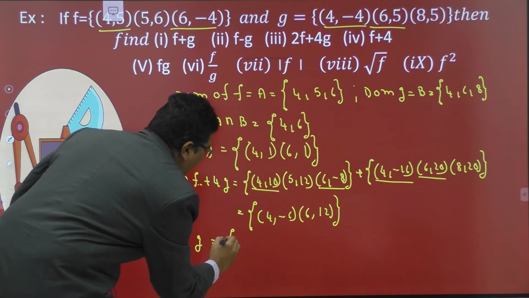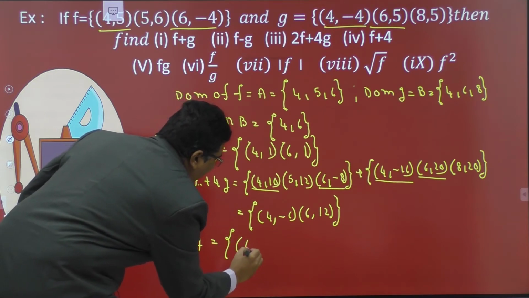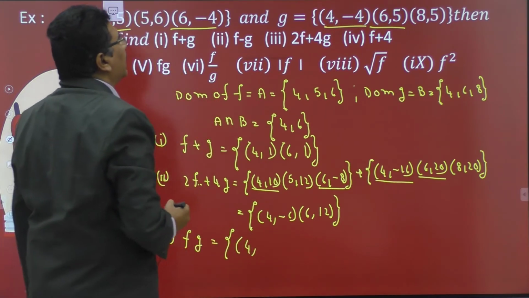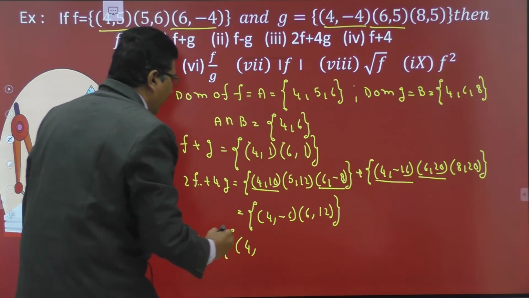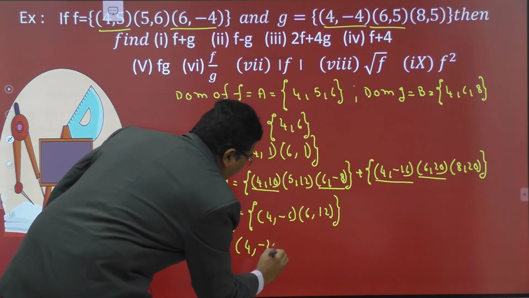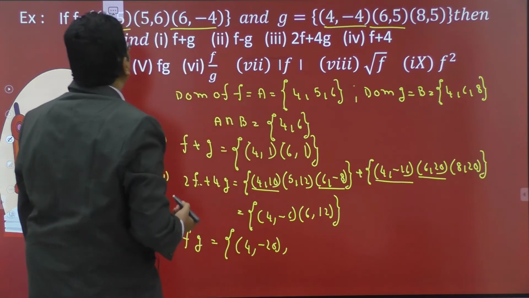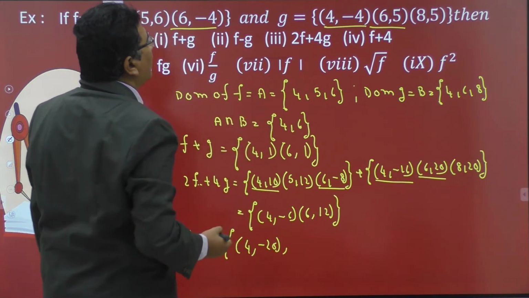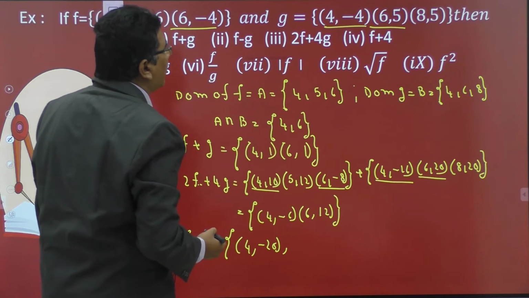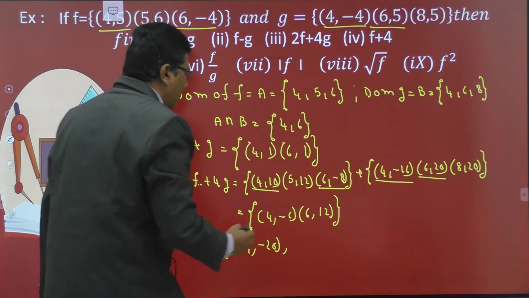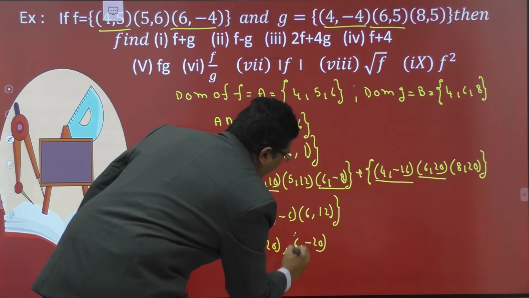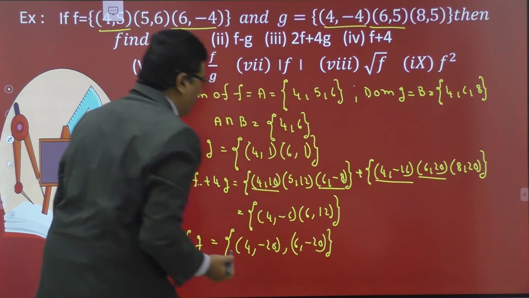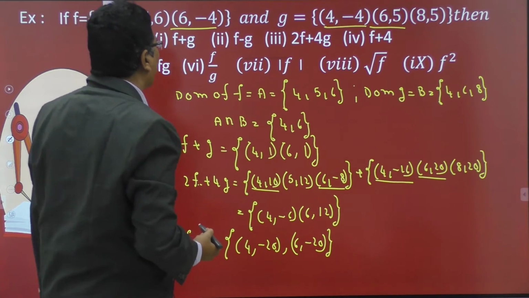The set of all ordered pairs has 4 comma, multiplying the second components: 5 into minus 4 is minus 20. Then 6 comma minus 4 and 6 comma 5 give 6 comma minus 20, right? So this is f into g.